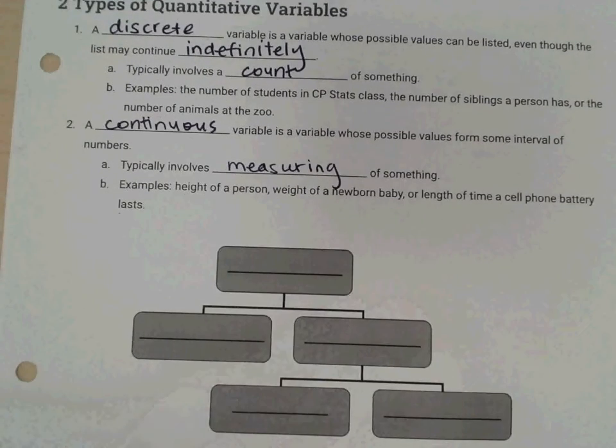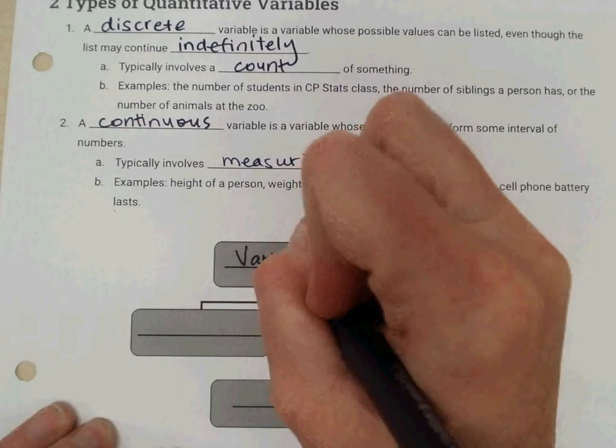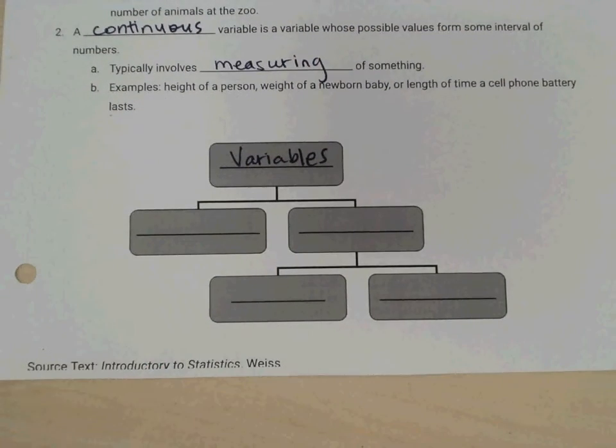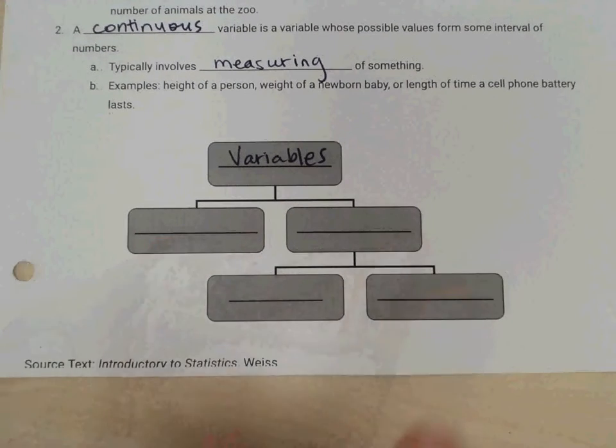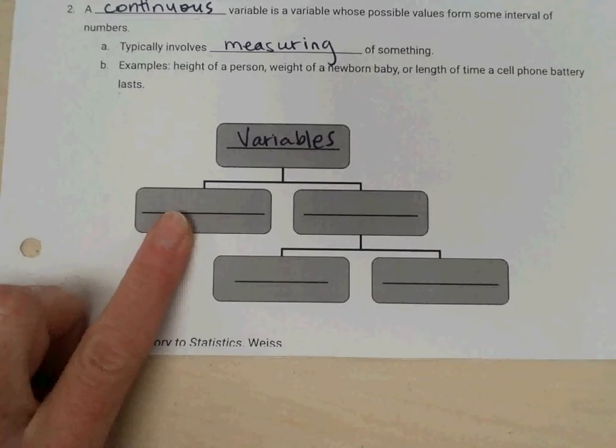Here's a little flow chart to help organize those terms visually. At the top we have variables. And then the two main categories of variables are quantitative and qualitative. Which one goes over here? Qualitative.